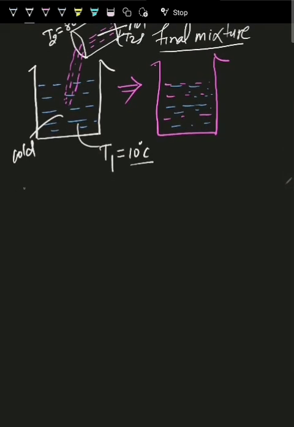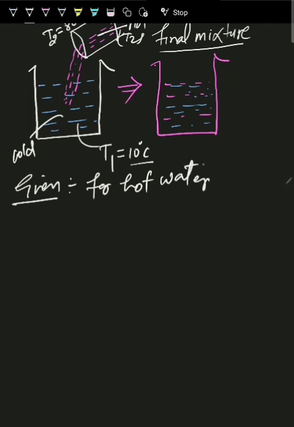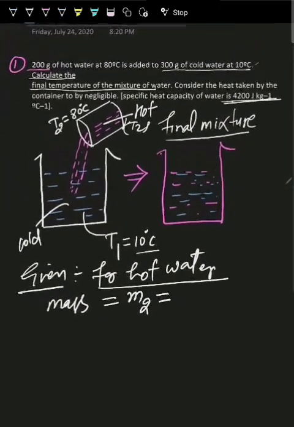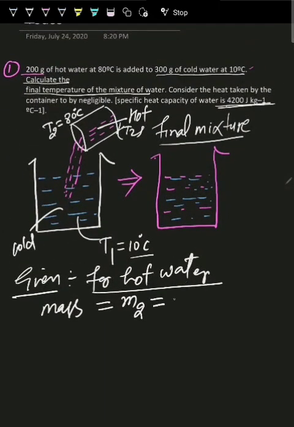In the given data we have to write, for hot water, what they have given. Let's consider mass is M2, and M2 is 200 gram.